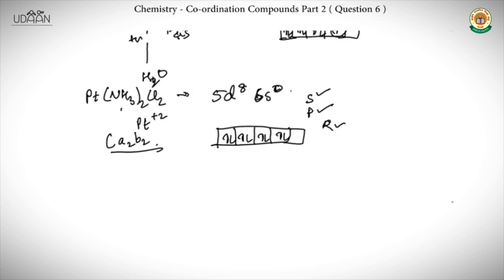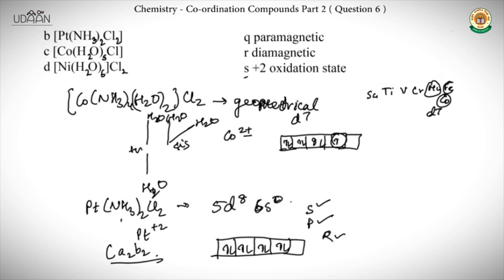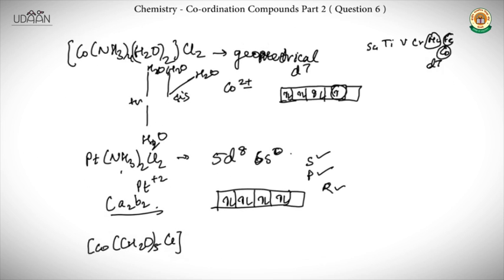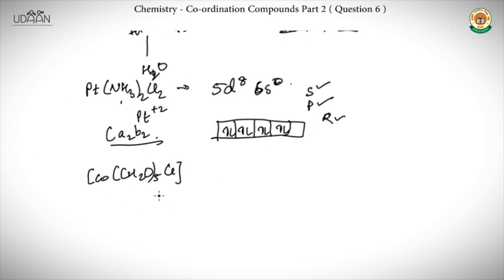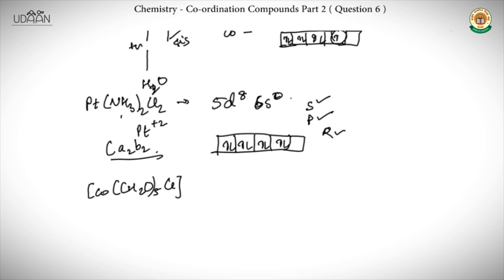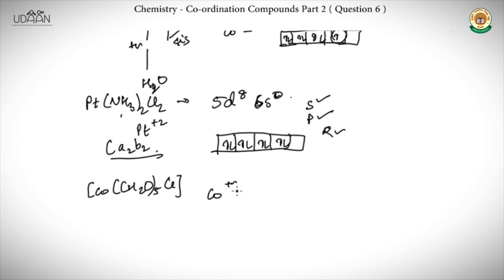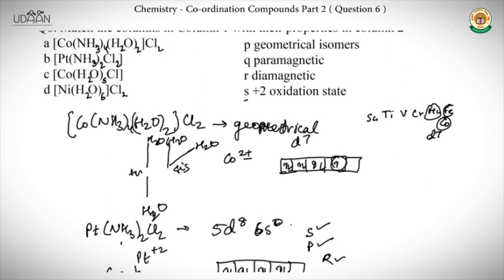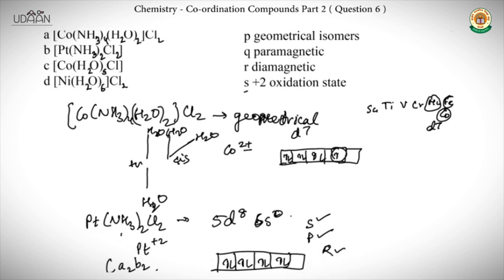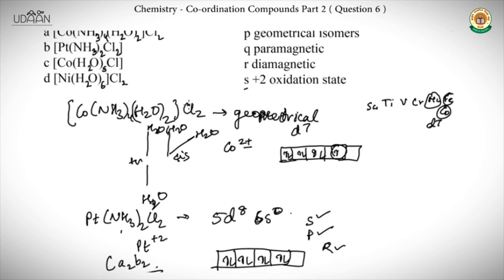Now for the C option, we have [Co(H2O)5Cl], as you can see over here. In this case we can check what the configuration for Co will be. This is Co2+ again, because one Cl is outside the brackets. Yes, we have one Cl outside the bracket in the question itself.